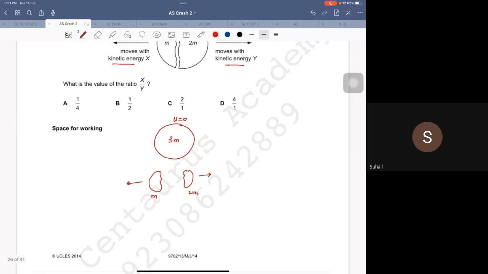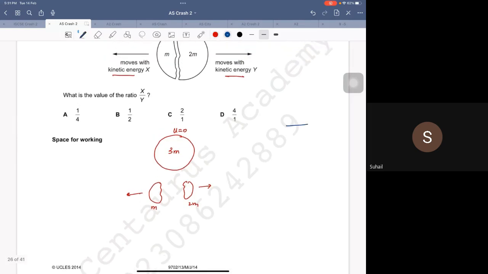So again, when this comes, obviously you're going to put the direction. Let's take this direction, so this would be positive, this would be negative. Let's call this V1, let's call this V2. Now when you write the equation, you say m1 u1 plus m2 u2 equals m1 v1 plus m2 v2.